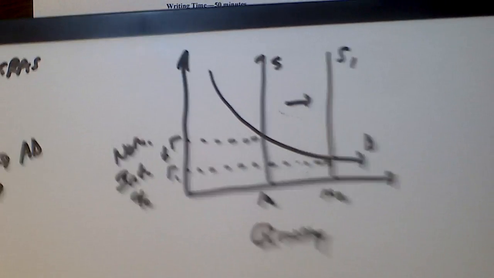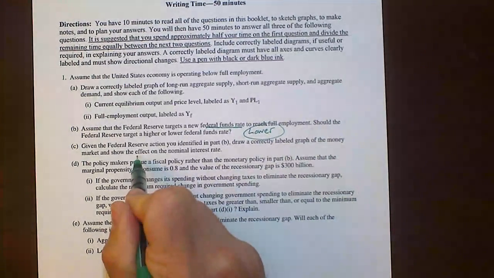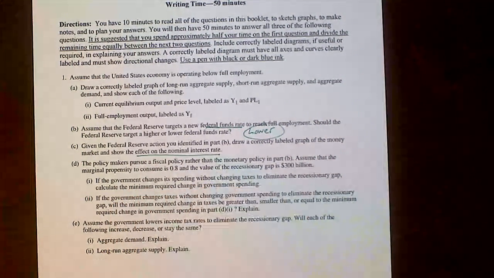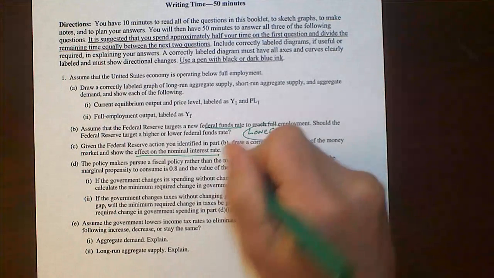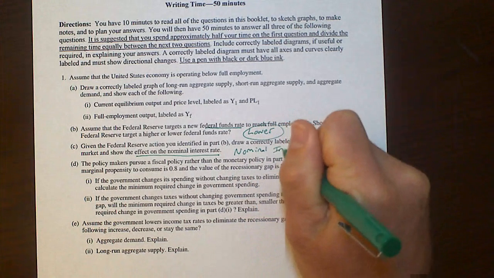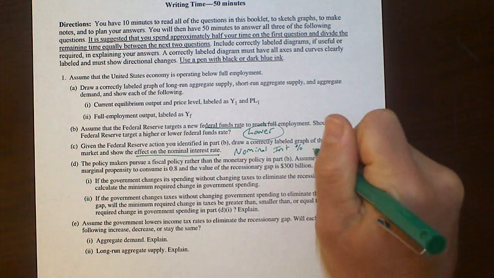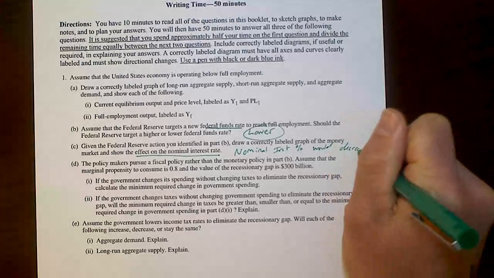So while we don't draw this graph, I think it's possible in this year that they might ask about the effect on the nominal interest rate. And so we might want to know that graph just so we can get to the right answer. But we might, in this year's test, write something like nominal interest rates would decrease.